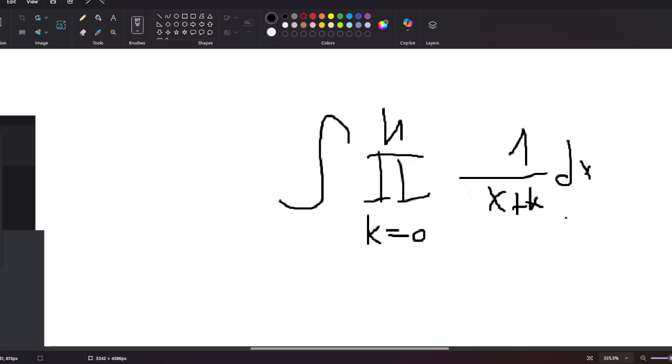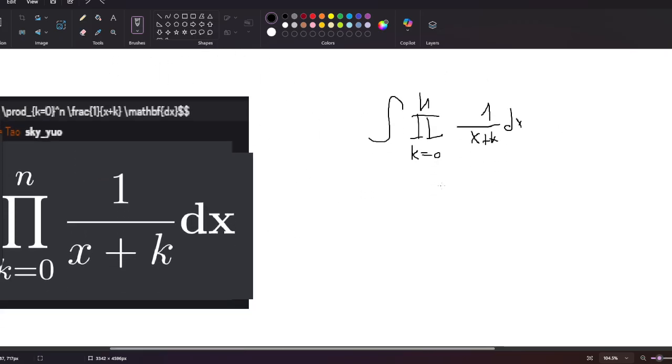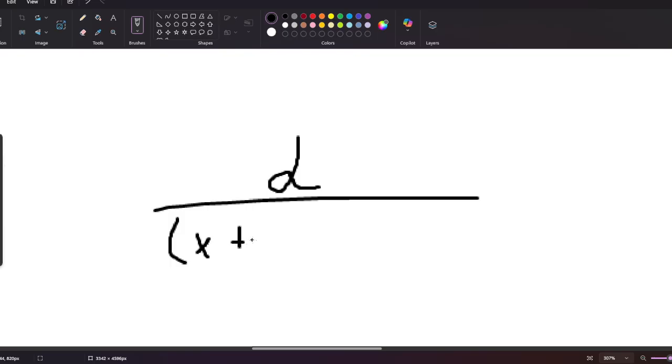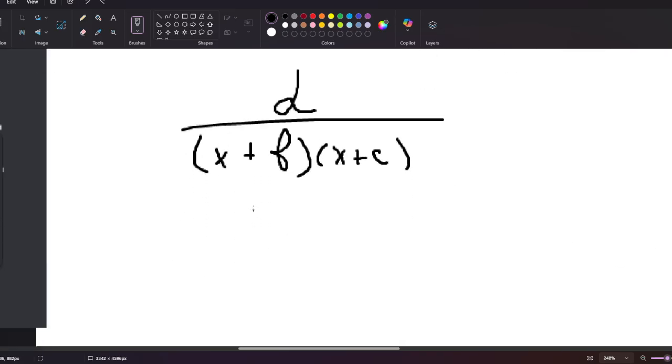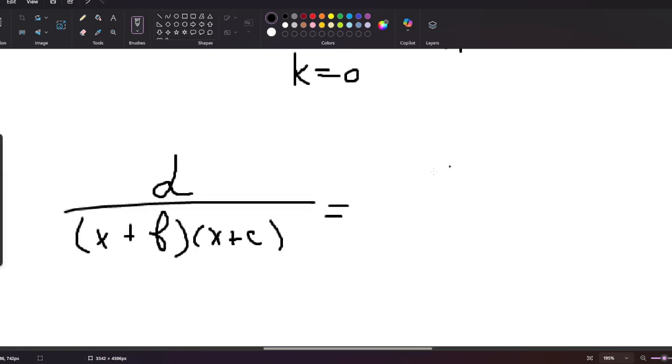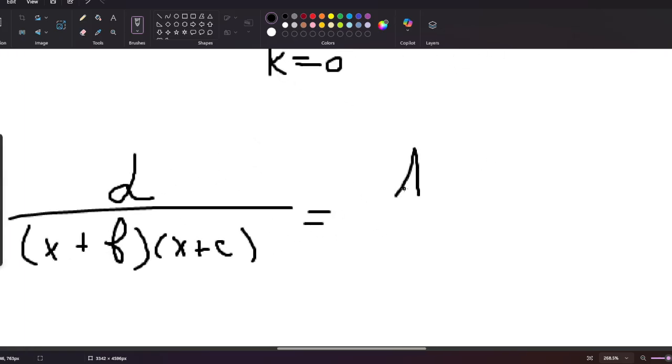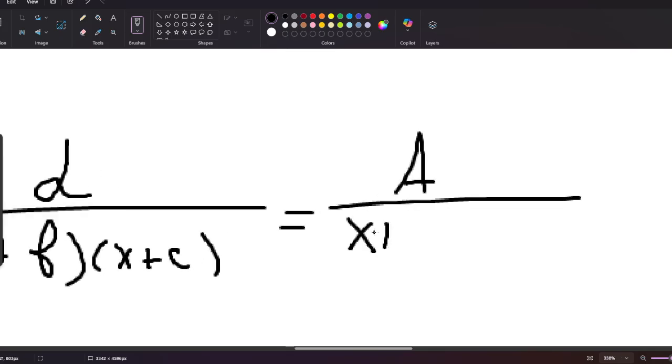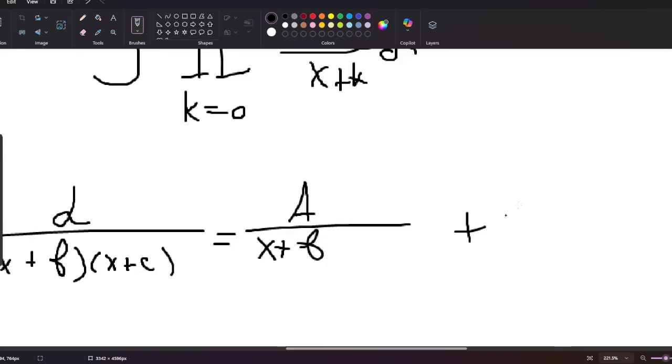So what we're going to do is try to generalize that. First, let's generalize partial fractioning. Say we have alpha over (x plus b) times (x plus c). Let's write it down: big A over x plus b plus big B over x plus c.